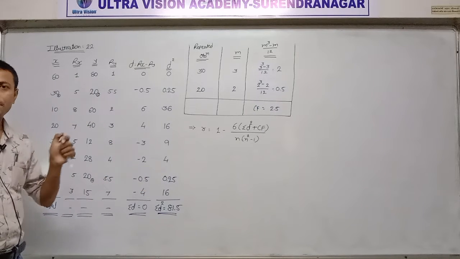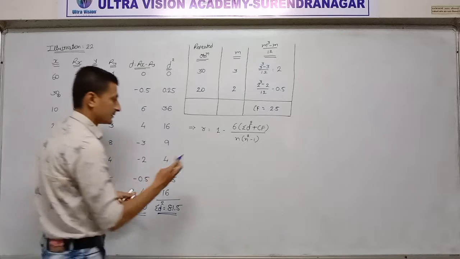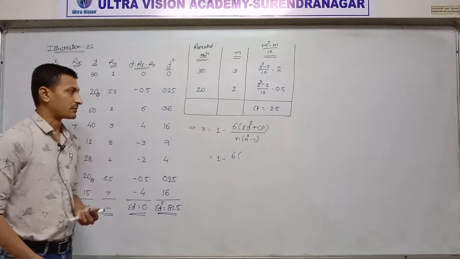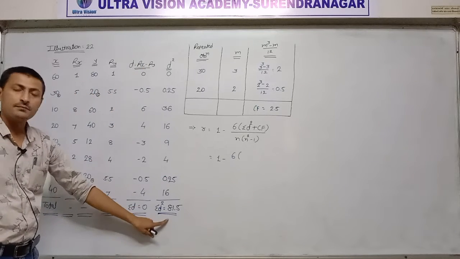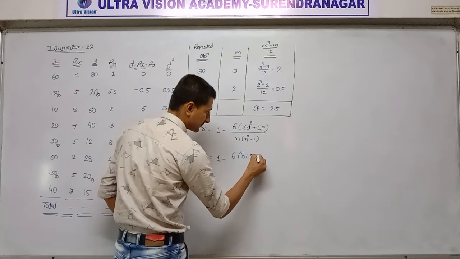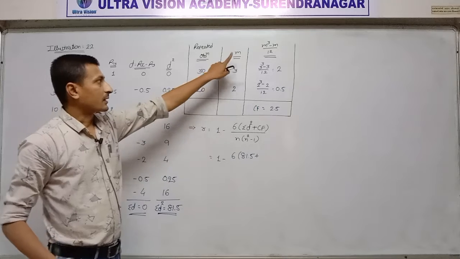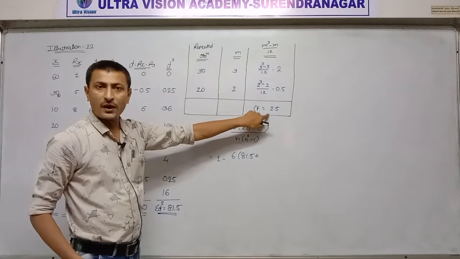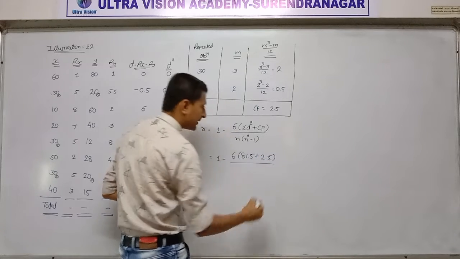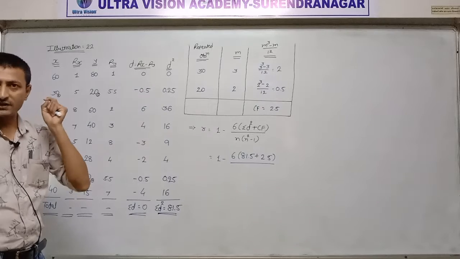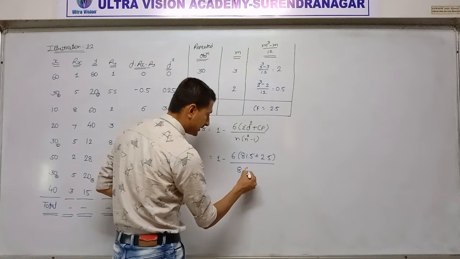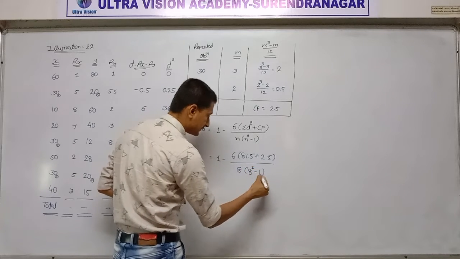Now next, putting in all the values. 1 minus 6 in bracket sigma d square, in the table last column total, 81.5, plus CF. In the correction factor table, CF is 2.5, divided by n, the total number of observations. 8 observations are given, 8 in bracket 8 square minus 1.